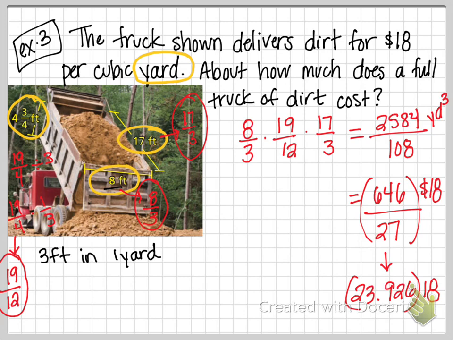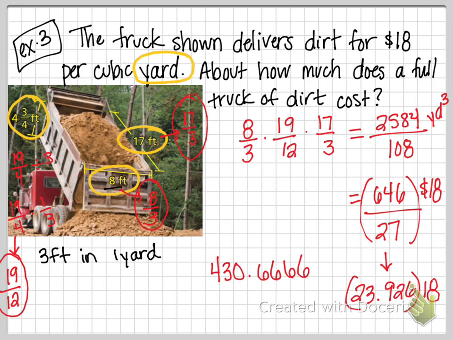Okay, so total, that tells us that we had 23.926 cubic yards, and it's $18 per cubic yard. So we multiply by 18, we get 430.6 repeating. So if you were doing this for your homework, you would need to read where they ask you to round.